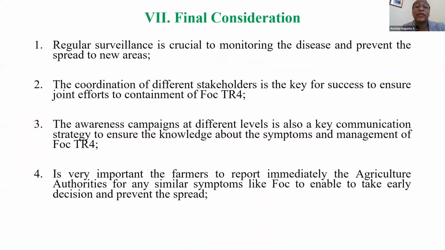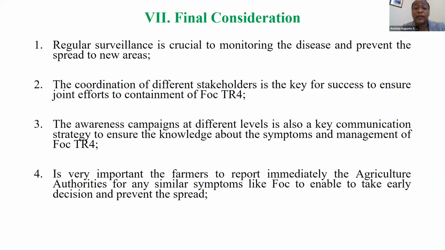Finally, let me say that regular surveillance is crucial to monitor the disease and prevent spread, and the coordination of different stakeholders is key for success to ensure joint efforts to contain the disease. Awareness campaigns at different levels are also key to communicate the strategy and ensure knowledge about the symptoms and management.